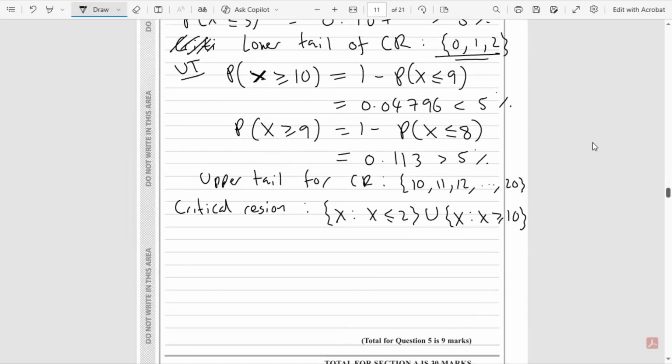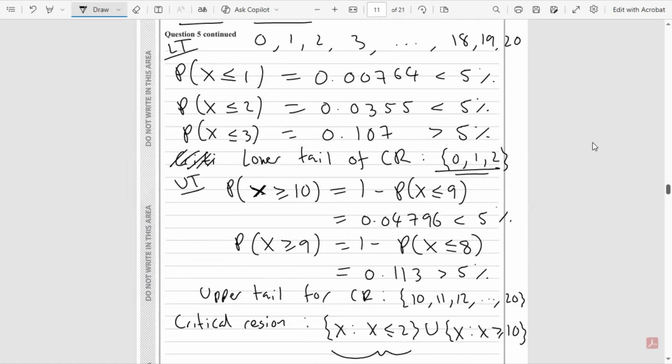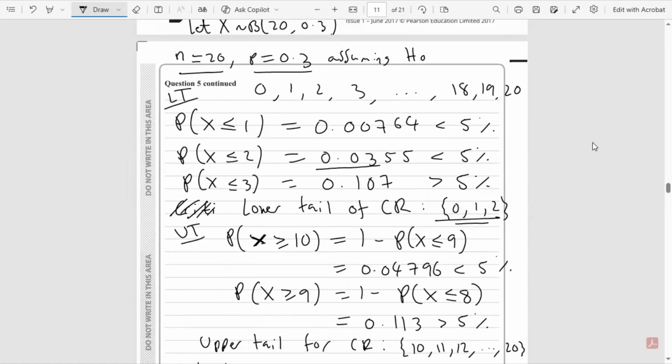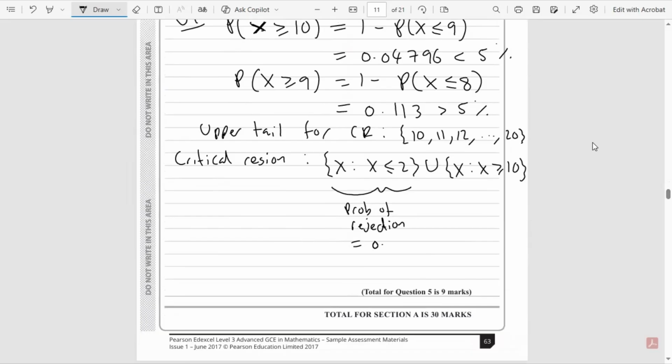So that's the critical region, and the probability of rejection here. So the probability of rejection for the lower tail was equal to this probability here, 0.0355.